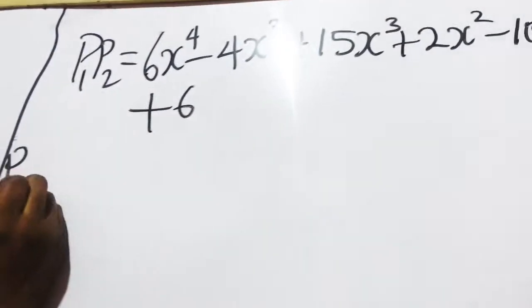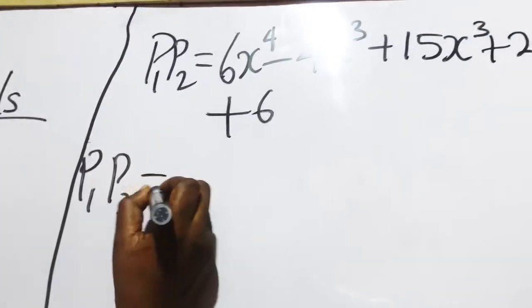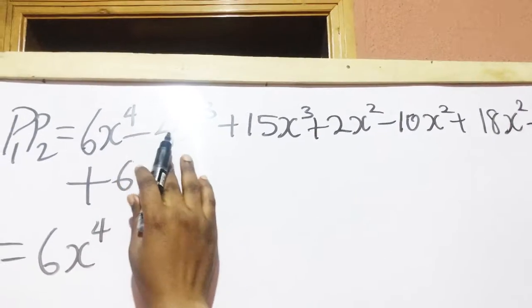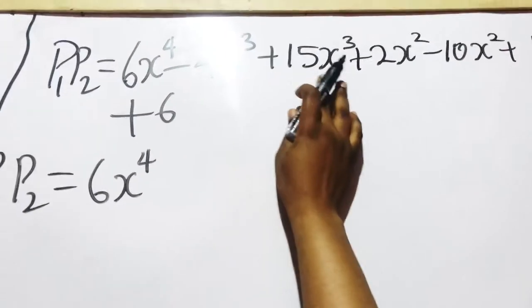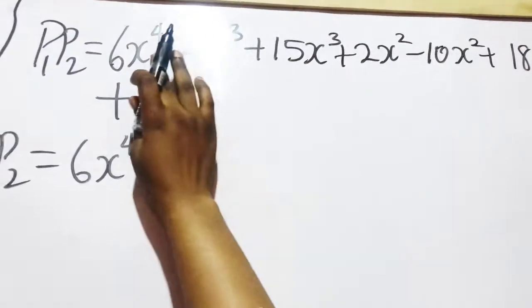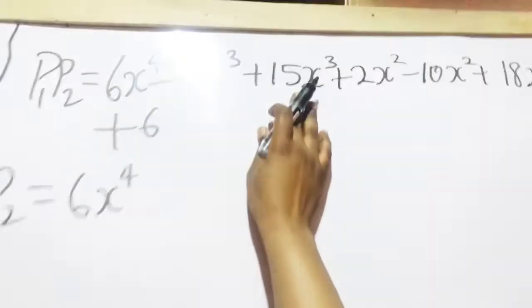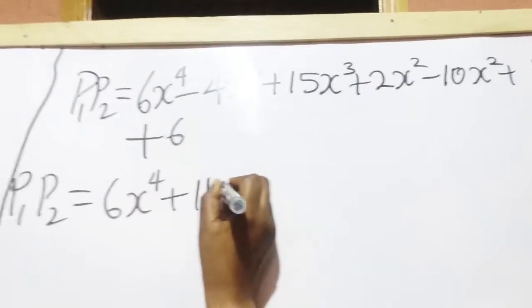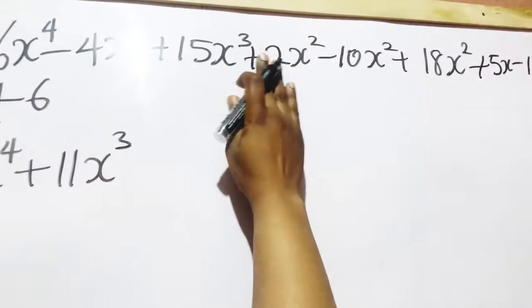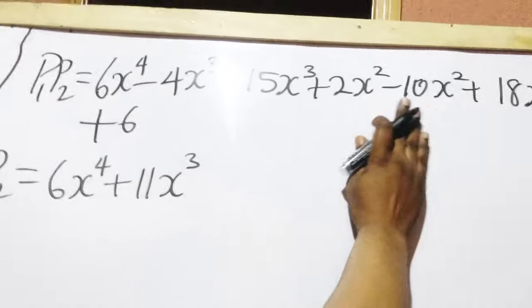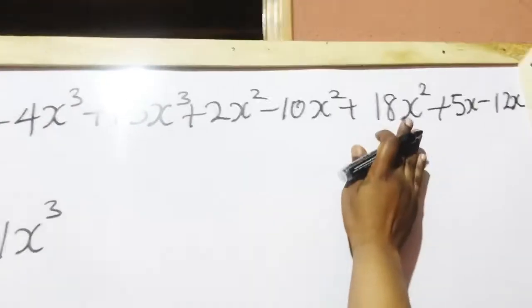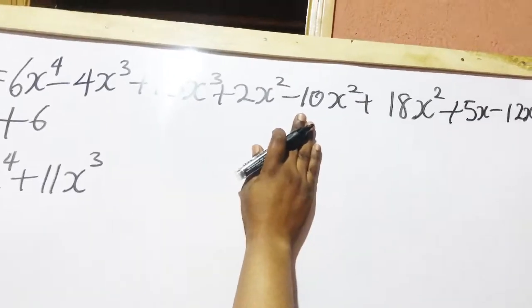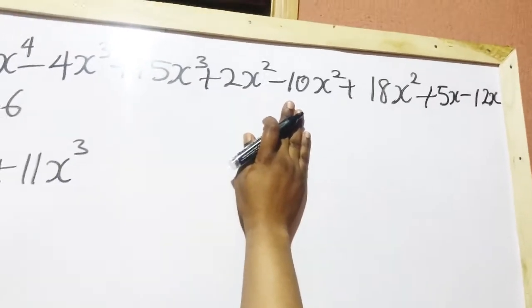So P1 P2 will now be equal to 6x raised to power 4. Minus 4x cubed plus 15x cubed will give me plus 11x cubed. Plus 2x squared minus 10x squared will give me minus 8x squared.